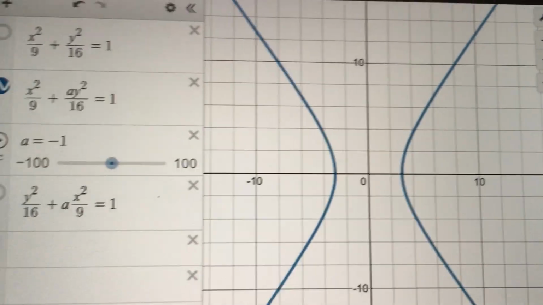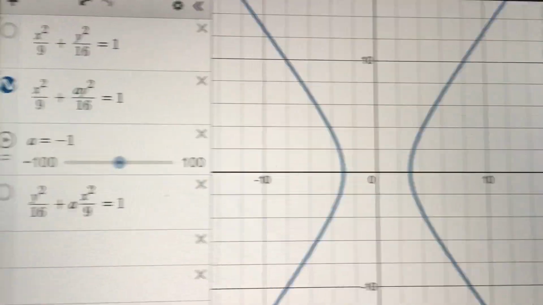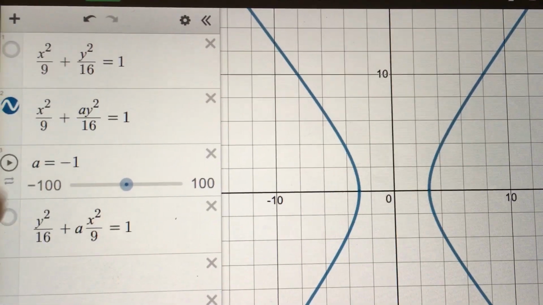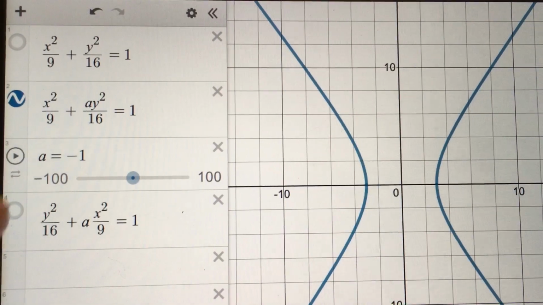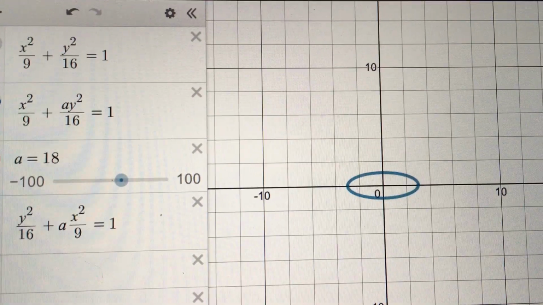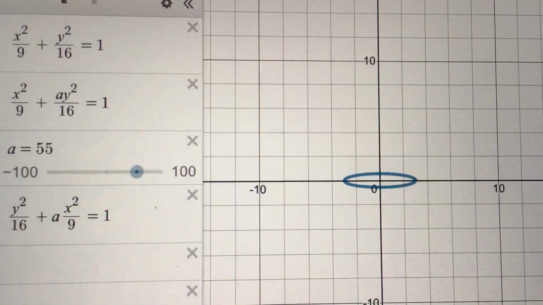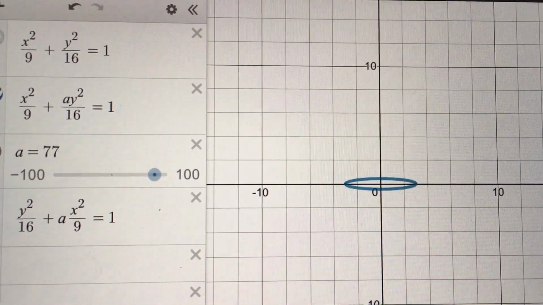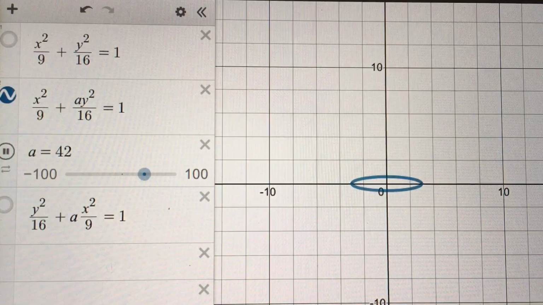Okay, so this is a hyperbola, and right now A is -1. I'm going to push this little slider, and it's going to change the value of A. Sometimes it's an ellipse. Then the ellipse gets fatter.